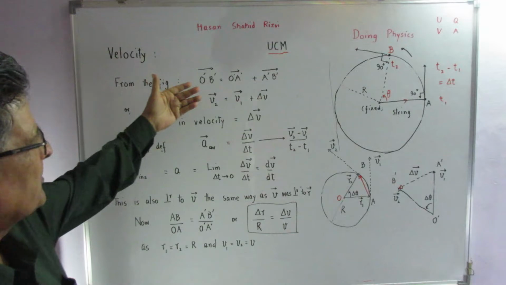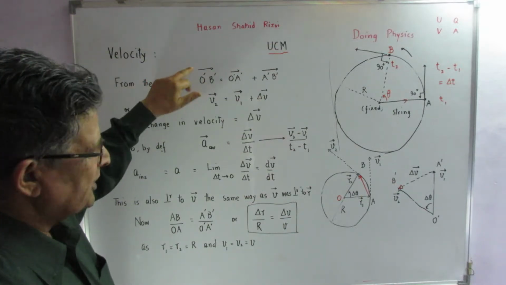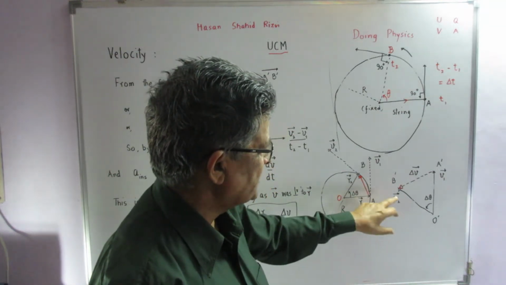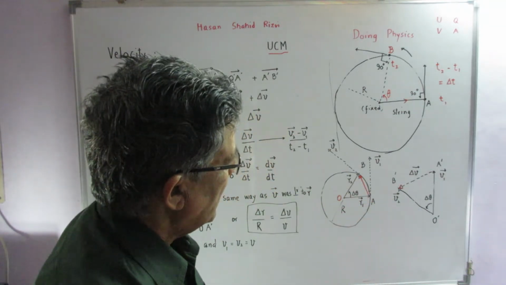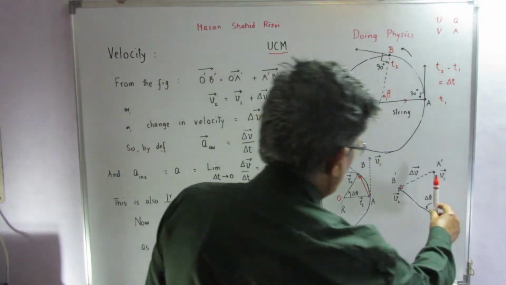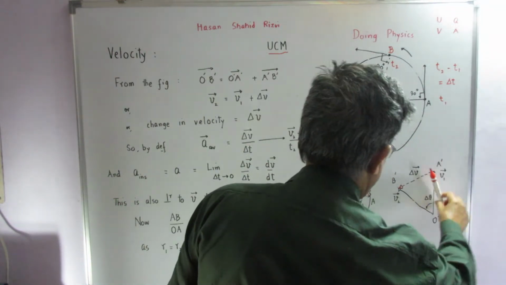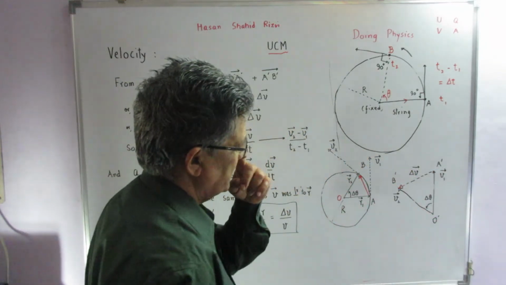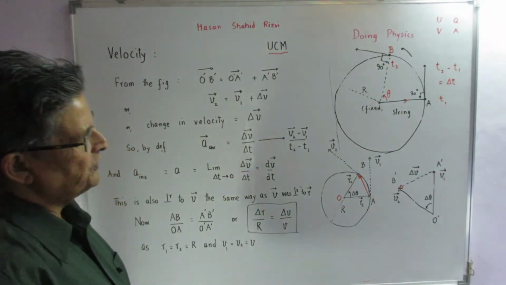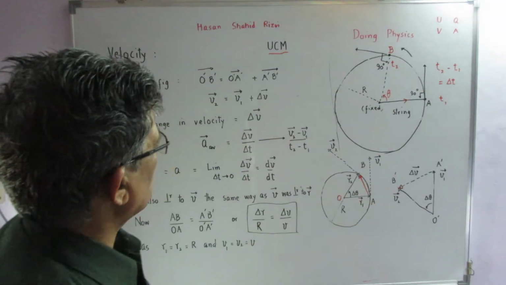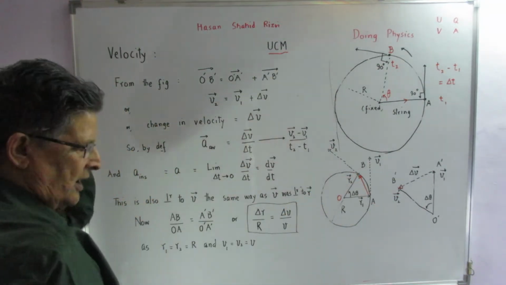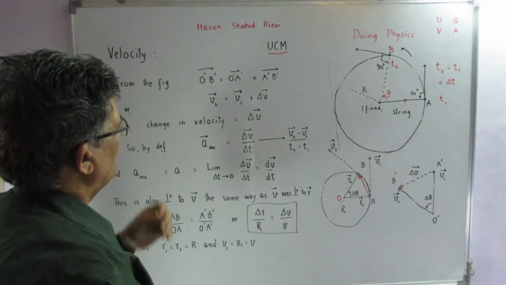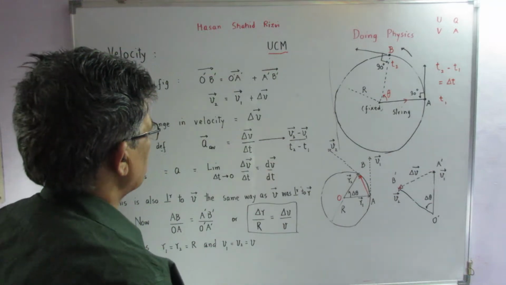I can write in a similar fashion that the vector O dash B dash, which represents the velocity V2, is equal to this vector plus this vector, according to the triangle law, the tail to head way of adding vectors.